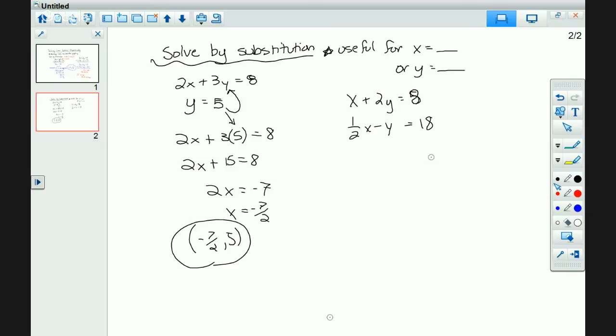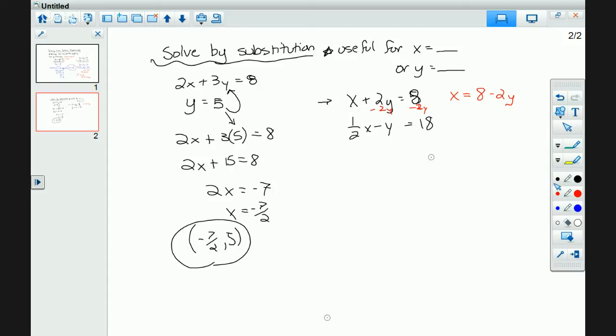So pick one, x equals or y equals. I'm going to use this one, and I'm going to subtract 2y from each side. So I picked the x because it's got nothing with it. It makes less work. Got it?